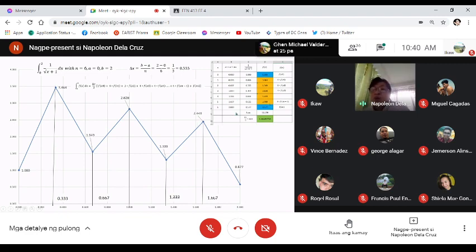And then you have now 2.0, that will be now 5.577. Ito yung kinompute nating area. Okay? Ito yung kinompute natin, which has a value equal to that one.